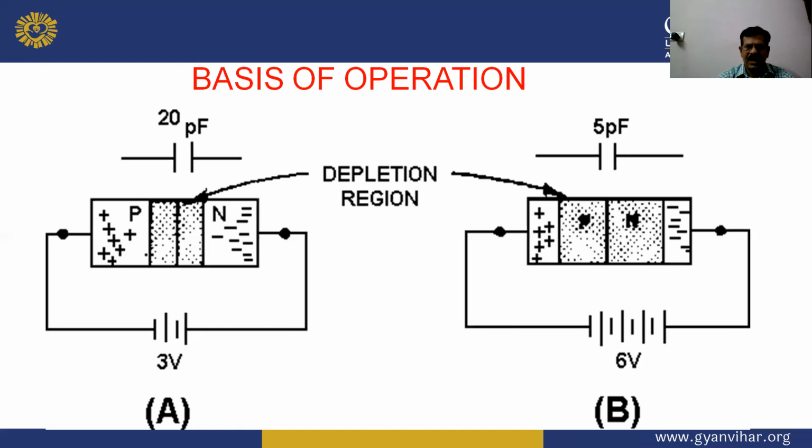So we can say that the width of the depletion region depends on the applied external reverse voltage across the PN device. So the width of the depletion region changes with the applied reverse voltage, and so it also changes the capacitance across the depletion region in this varactor diode.